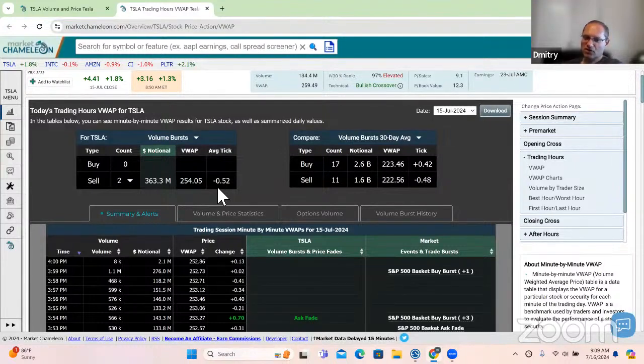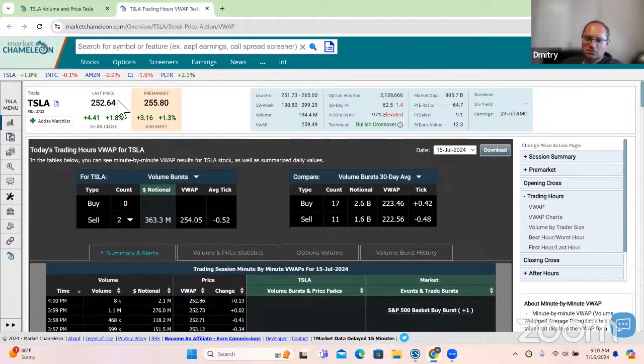If the VWAP shifted lower on a large trading volume spike, we tag it as a sell burst, downtick or uptick. So let's look at these two yesterday. Zero on the buy side. There were two yesterday for a total of $363 million worth of stock at a VWAP price of 254.05. Okay, so this is where it closed, 250.264.